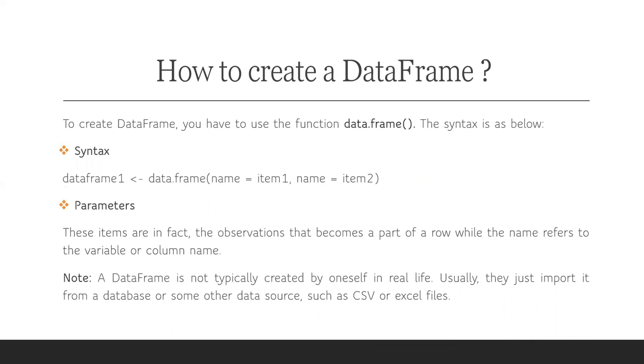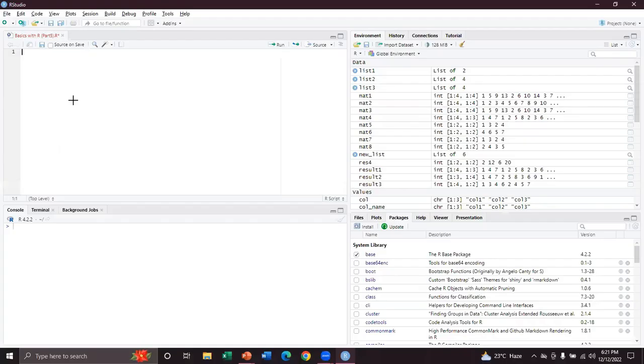An important thing to consider here is that a data frame is not typically created by oneself in real life. Usually, they just import it from a database or some other data source such as CSV or Excel files. But just to understand what they are and how they are made, we're going to make them.